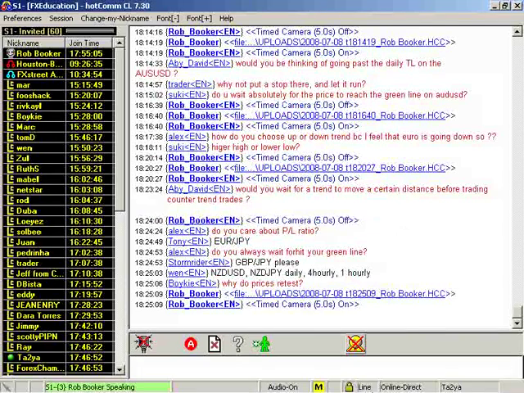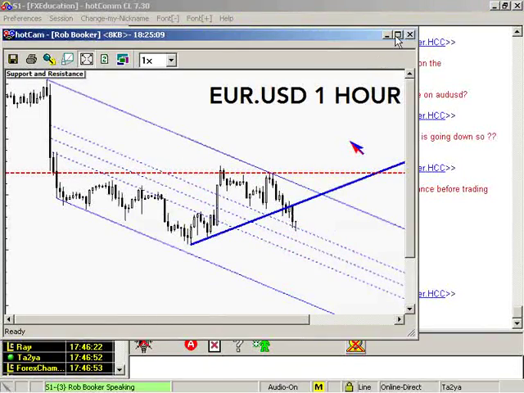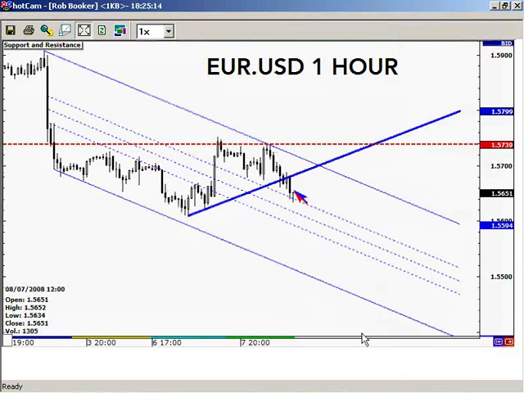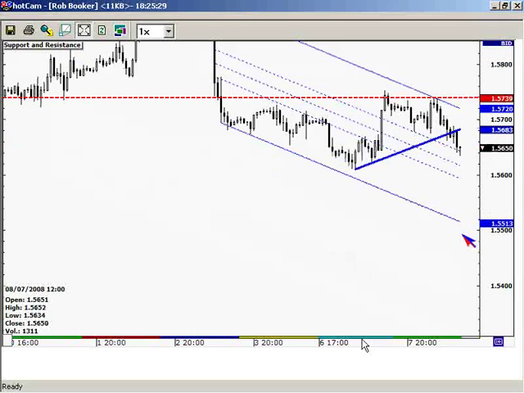So let's look at this question here. This should still be the euro-dollar 1 hour chart. Let's say we sold the euro right now, and the open of the trade was 56.51. The stop loss was 57.39, so about 80 to 85 points. The profit target is down here at 55.13.